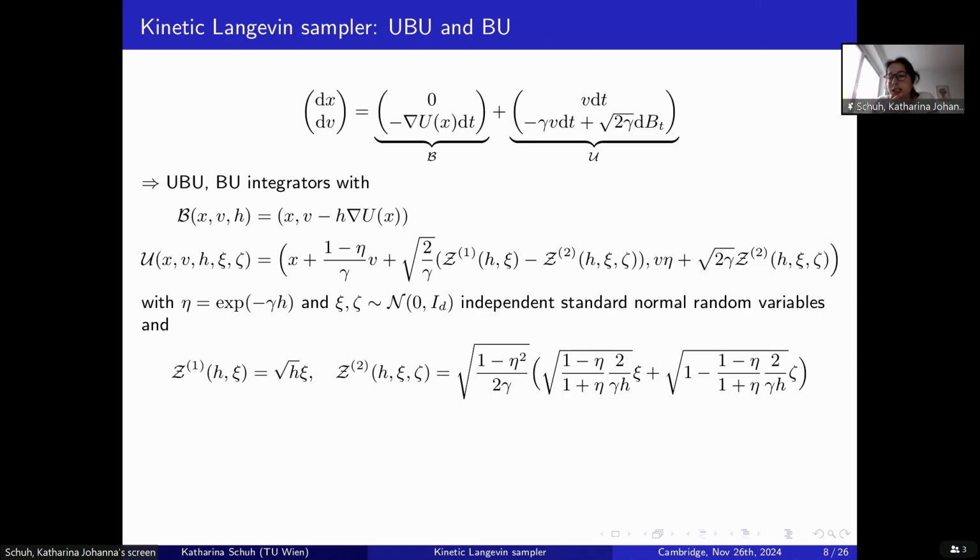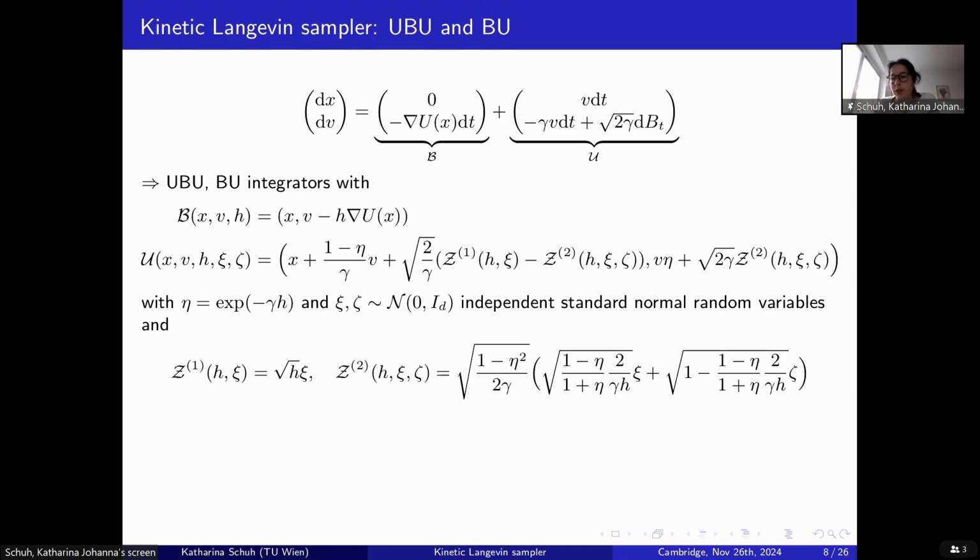And here the interesting thing is that in comparison to the Euler scheme, where we had just one random variable per step, we take here now 2 independent standard normal random variables, but they are combined in such a way that they amount to the right amount of noise we need for the discretization of the Brownian motion part in the SDE.